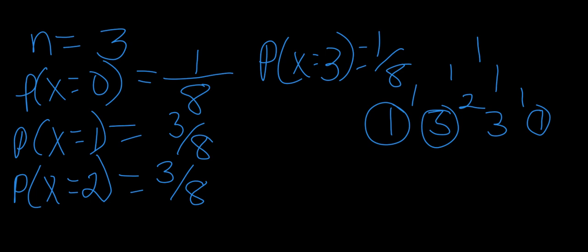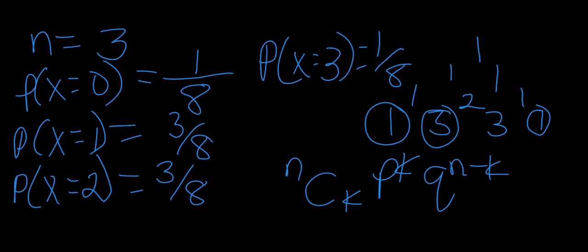So we can use our formula for the probability distribution to actually verify this, and we'll see that we come to the same outcome, where p is just 1 over 2 and q is also 1 over 2, and we see that we happen to arrive at the same outcome.